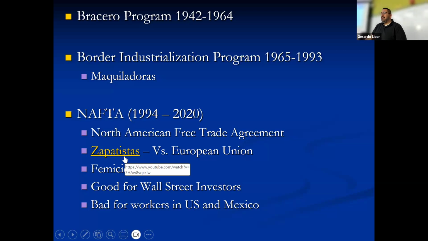When they would get to the maquiladoras to try to find work, they would hire 80% women. So these families that would move to the US-Mexico border to get work, only the women would get hired. And even then, it would only be women under the age of 25.